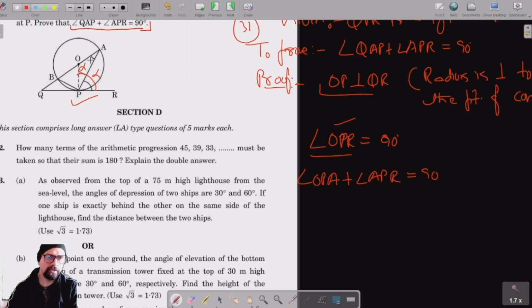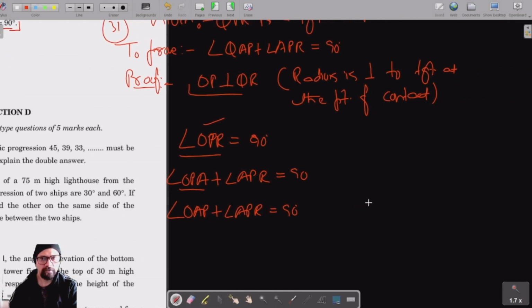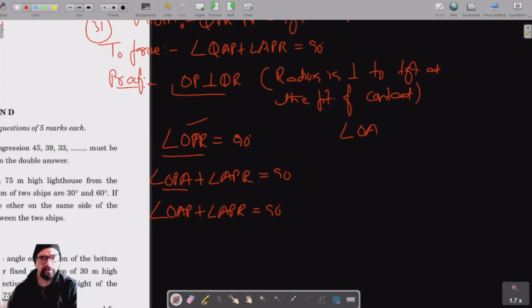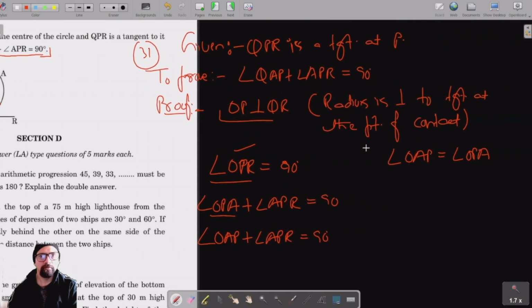Now angle OPA is equal to angle OAP, so instead of OPA, I can write angle OAP, and let's mention the reason. Angle OAP is equal to angle OPA because OA is equal to OP.